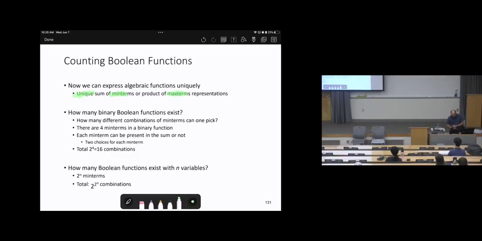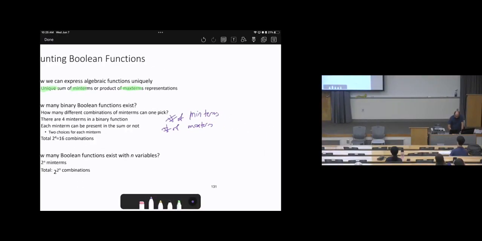There are different combinations to make them. The number of min terms or max terms will be 2 power the number of variables.